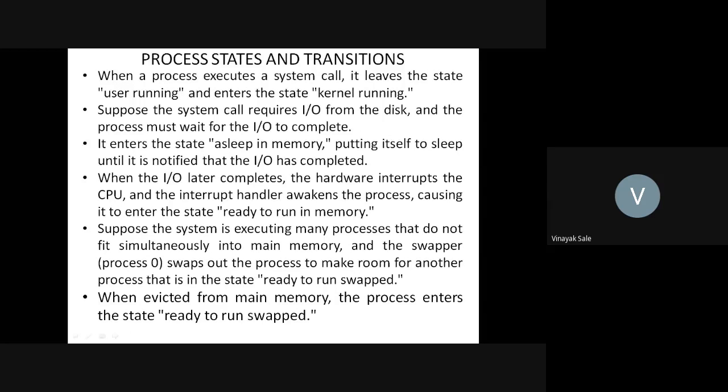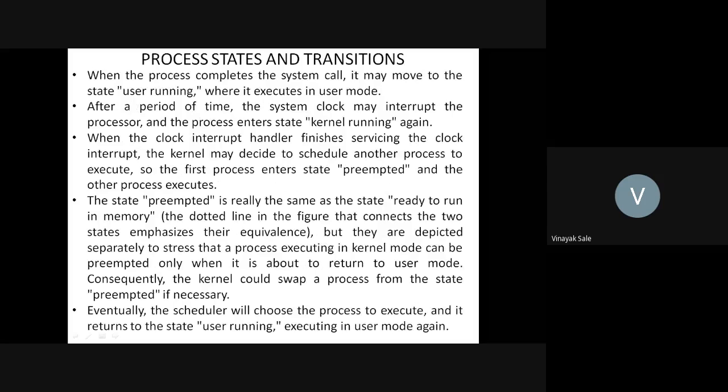So when the I/O completes, the hardware may interrupt the CPU, and the interrupt handler awakens the process, causing it to enter the state ready to run in main memory. That is as seen in the figure.